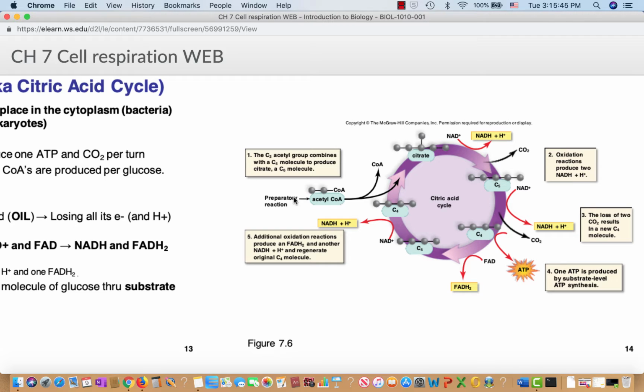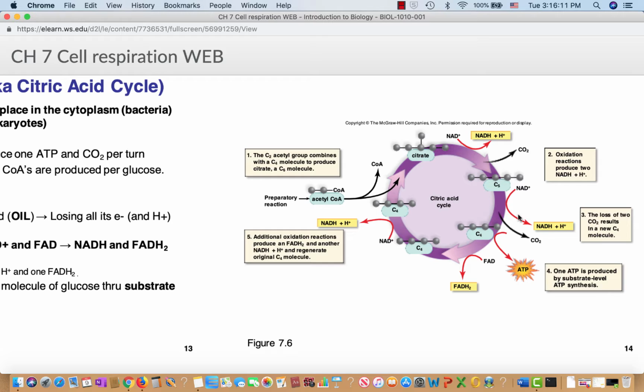It goes and gets recycled to be attached to another acetyl group. And then as you're going around through here at each step, you're going from this 6-carbon monster all the way around back to the 4-carbon molecule that you bound the acetyl to, so you're regenerating itself. And then you've got 2 of these per glucose molecule, so you can go around twice.